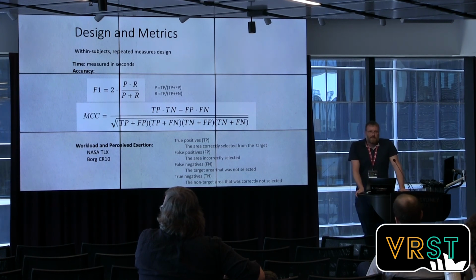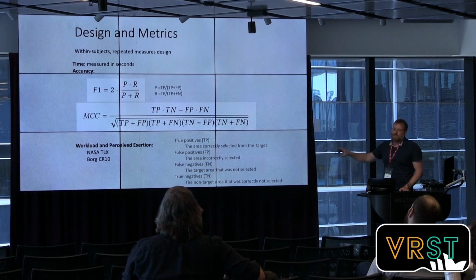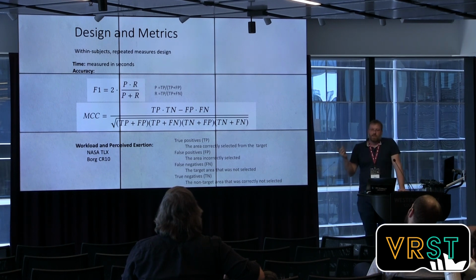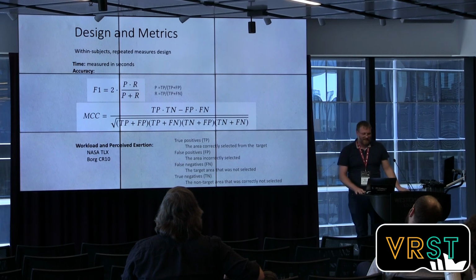We also used the Matthews correlation coefficient, or the MCC, which adds the true negatives as well. It balances a little bit more for when you have uneven areas. For example, here the target selection area tends to be a lot smaller than the non-target selection area. Both of these metrics have been used in prior work to facilitate comparison as well.